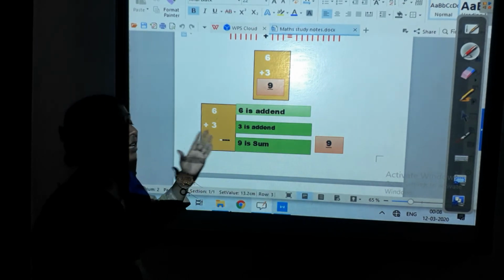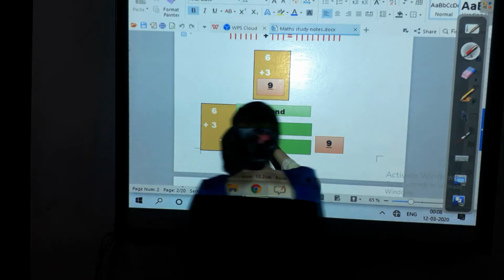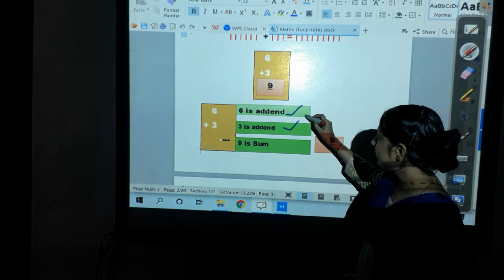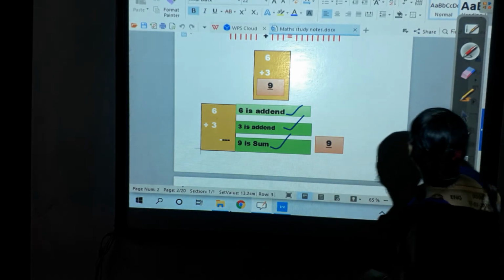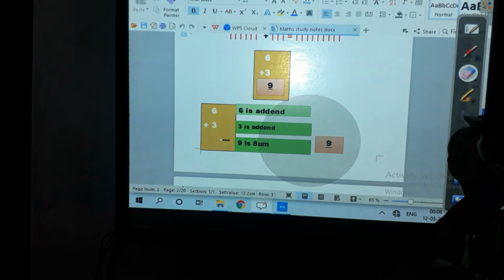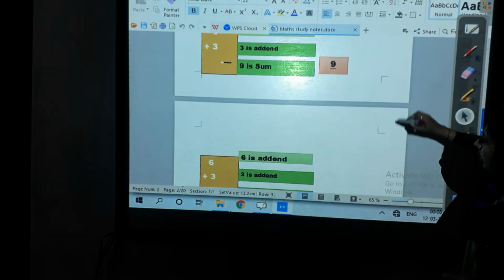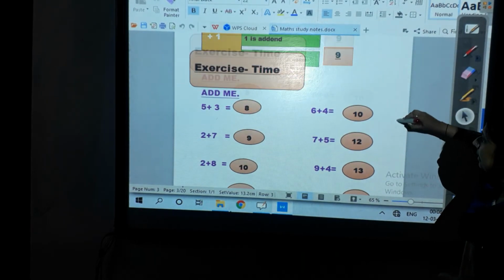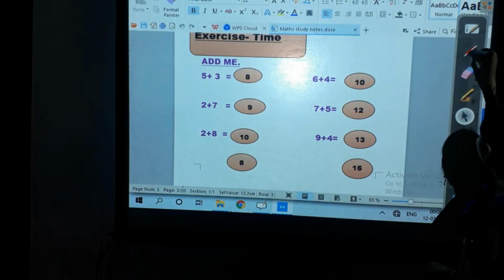Here 9 is sum. Remember this. 6 is addend, 3 is also addend, 9 is sum. In your book, you will see some exercises there. So we will do it together.